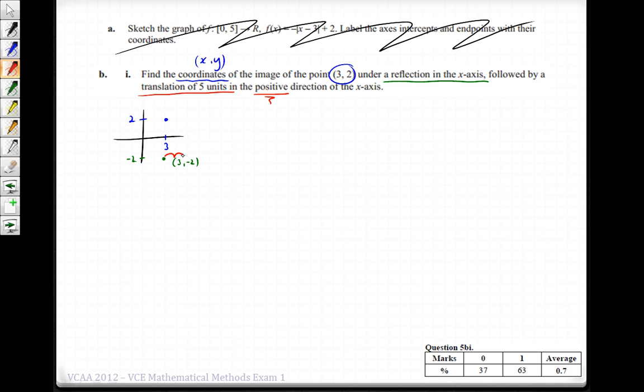So we're just going to move him 1, 2, 3, 4, 5 to the point that is going to be 8, -2. So our image is going to be x, y is equal to 8, -2.